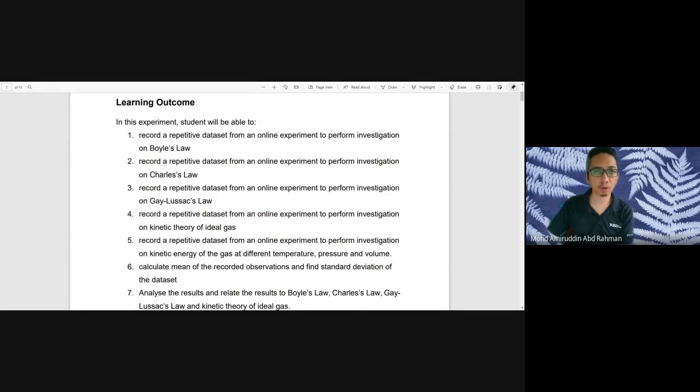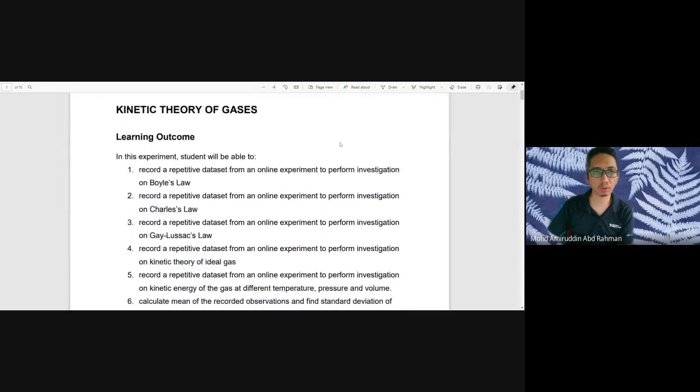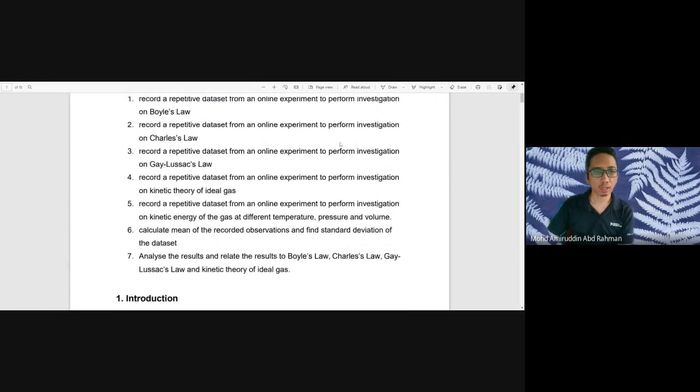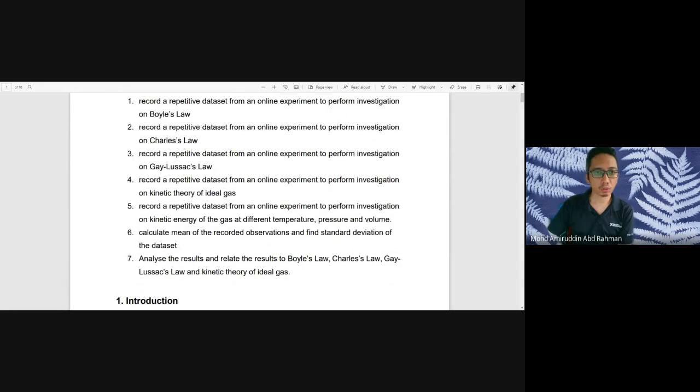All of these laws are related to the kinetic theory of gases. The last one is we're going to also record the kinetic energy of the ideal gas at different temperature, pressure, and volume.